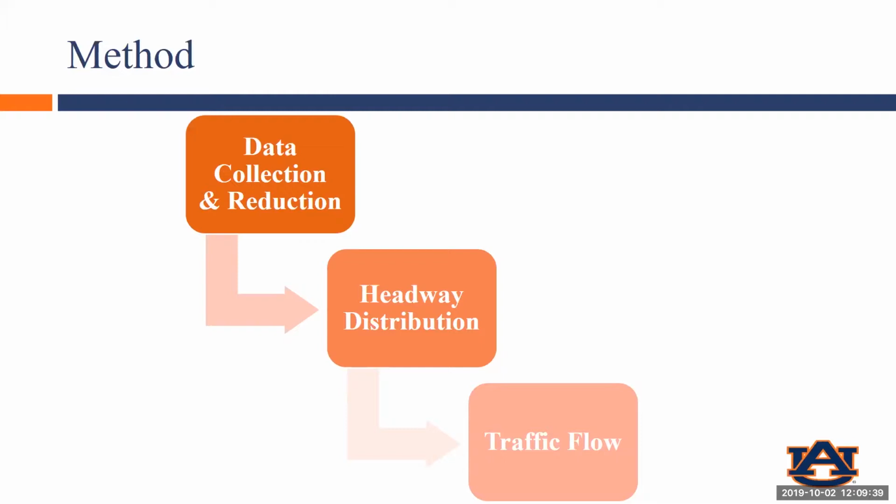Then after we collect all the data, we study how headway is distributed, how the driver selects the headway they feel comfortable with when they drive through the work zone. And then finally, we try to look at the speed and headway converted to density, and how that fits in the traditional traffic flow model.